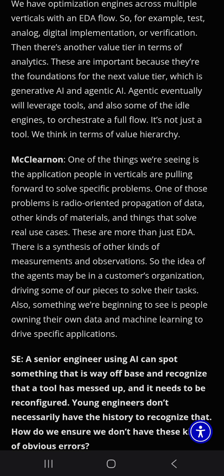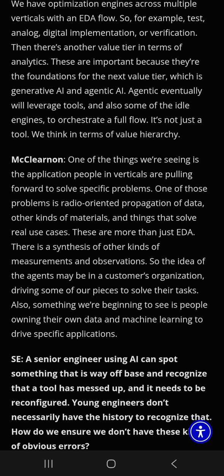One of the things we are seeing is the application people in verticals are pulling forward domain-specific problems. One of those problems is radio-oriented propagation of data, other kinds of materials and things that serve real use cases. These are more than just EDA.